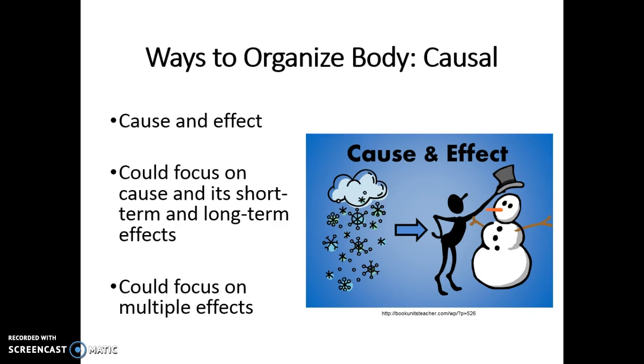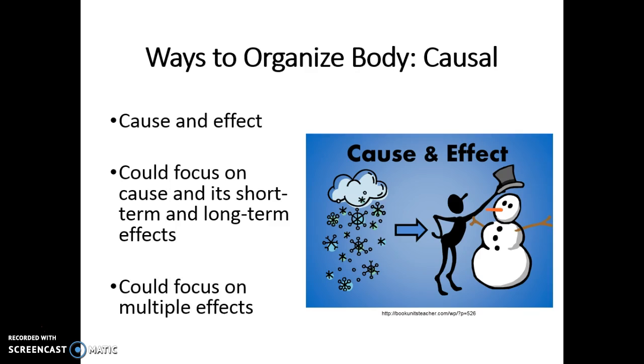This was highly effective for one student in the past who created a speech on smoking. He talked about what caused him to become a smoker in the first place, and what causes other smokers to usually pick up their first cigarette. Then in main point 2, he moved on to talk about short-term effects of smoking on the body. And in main point 3, the long-term effects and how those can affect the body.